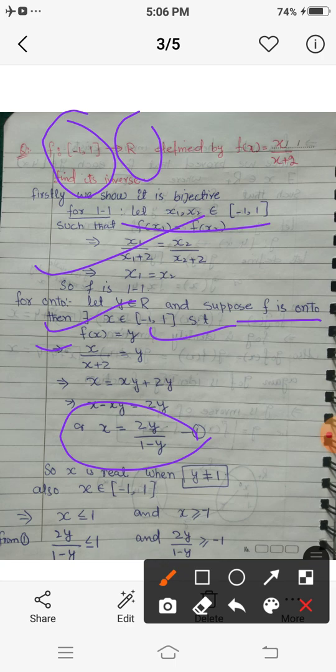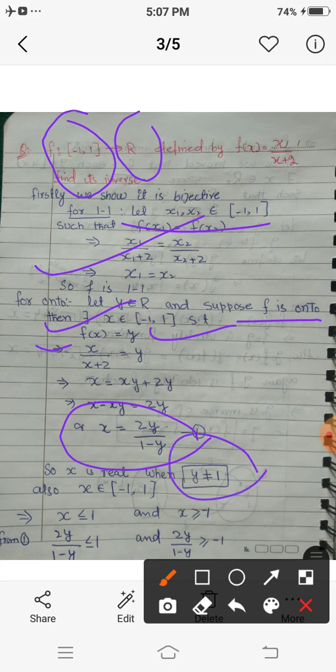Here y is a real number, and if we put y = 1, x is not defined. So this means that x is real when y is not equal to 1.